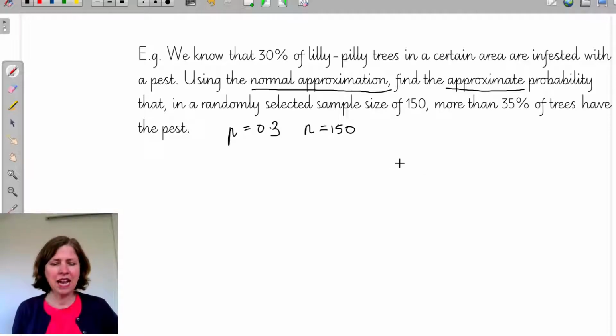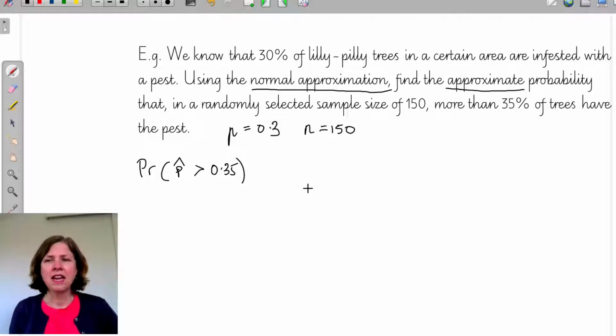So what am I being asked for? I'm being asked for the probability that p hat is greater than 0.35.